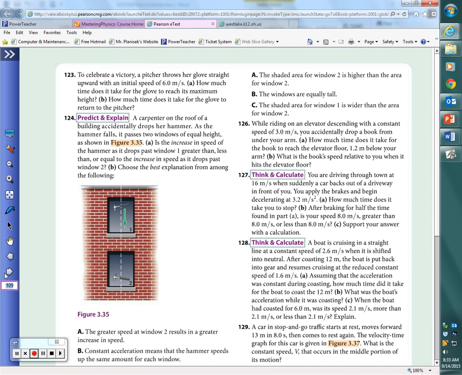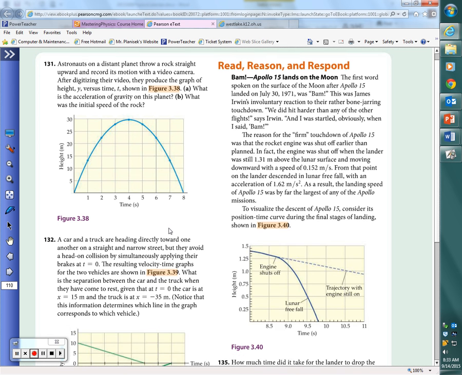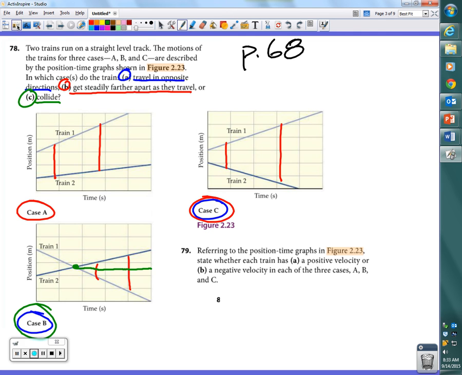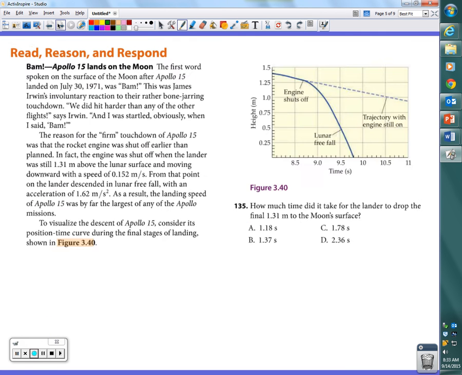Oh, sorry, 110. On page 110, on the top right, you have the Read, Reason, and Respond section.